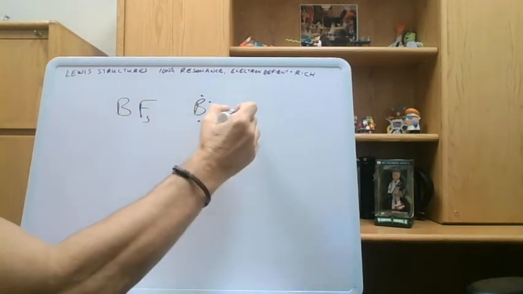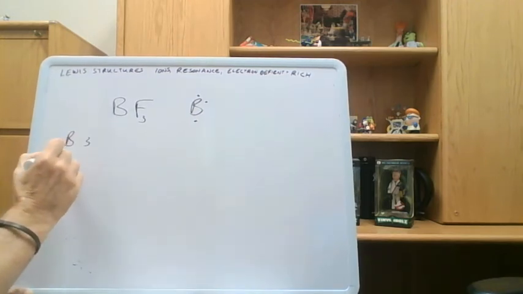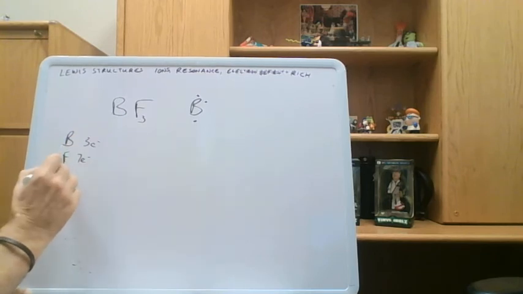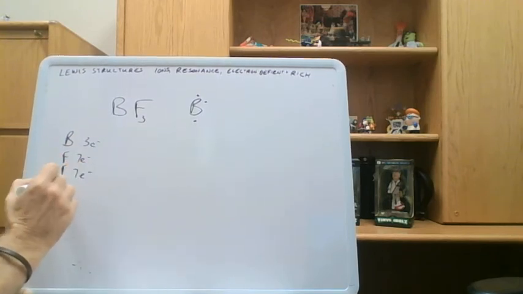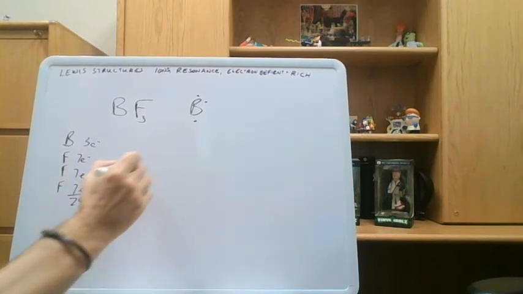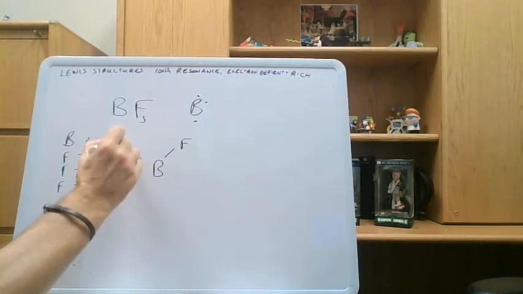Right, and so, BF3. If we have boron bringing us 3 electrons, and we have this fluorine with 7, another fluorine with 7, and another fluorine with 7, that gives us 24 electrons. So we put boron in the center. We connect it to these fluorines.